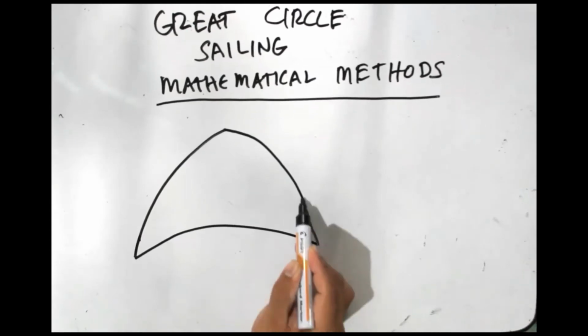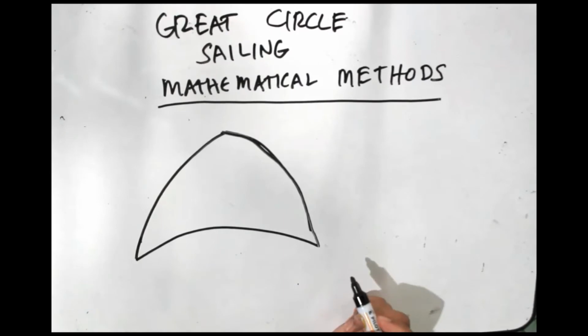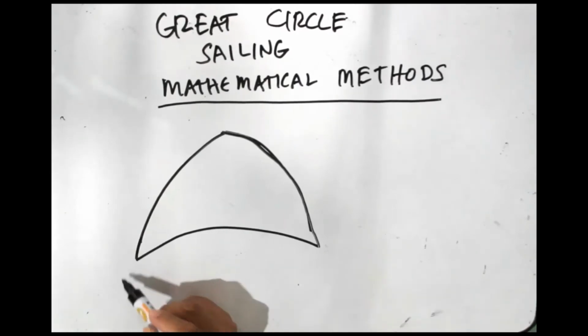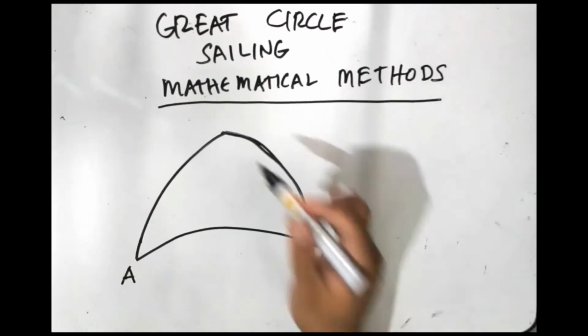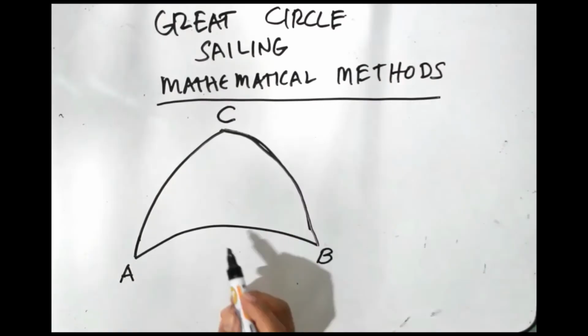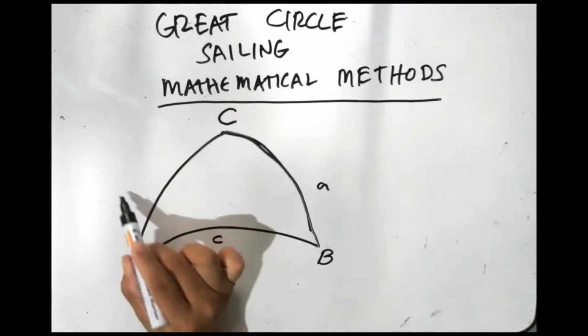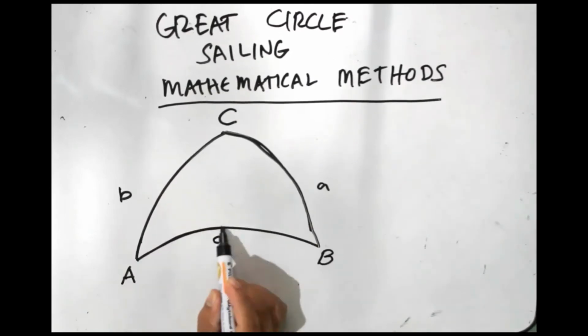So this is an example of a spherical right triangle, and the components will be the A, B, the large C. So this would be the small c, the A, and the B. Okay? So ito yung great circle track niya. Yan.